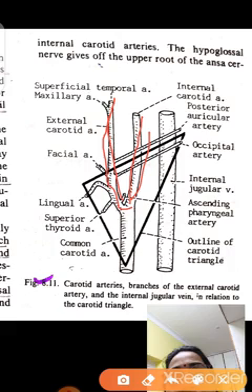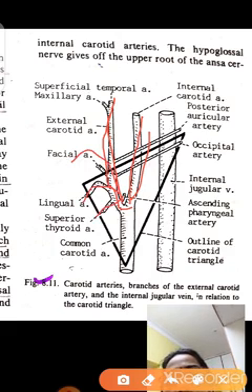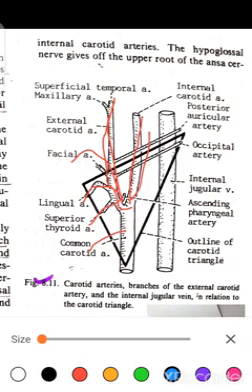The common carotid divides into two, external carotid and internal carotid, in this carotid triangle. Next are the branches of the external carotid artery: lingual artery, facial artery, superior thyroid artery. Now the vein: this is your internal jugular vein.